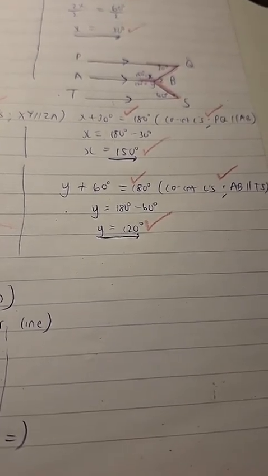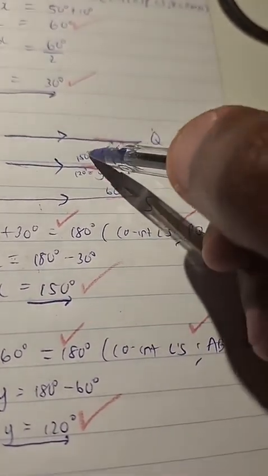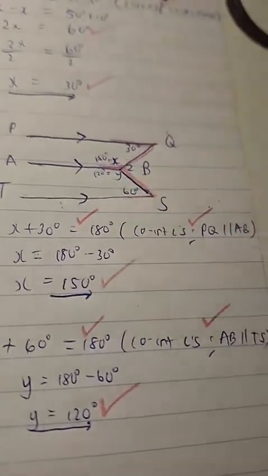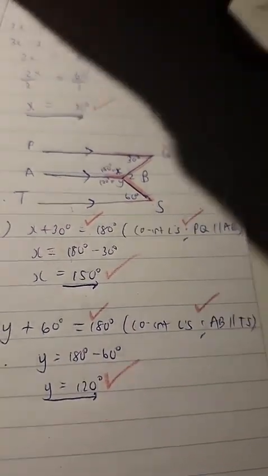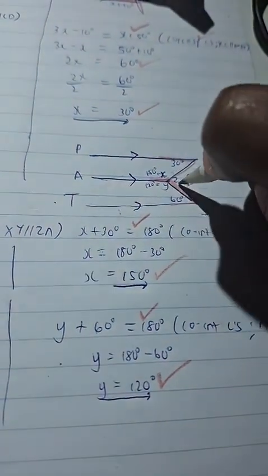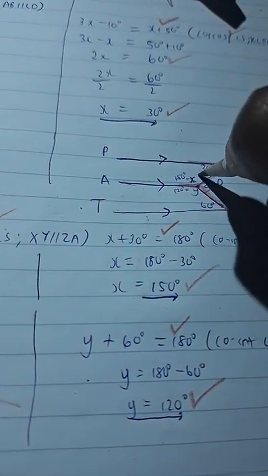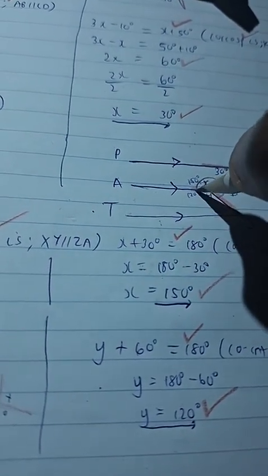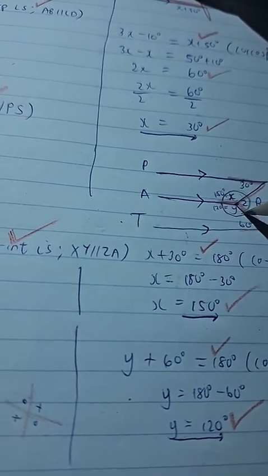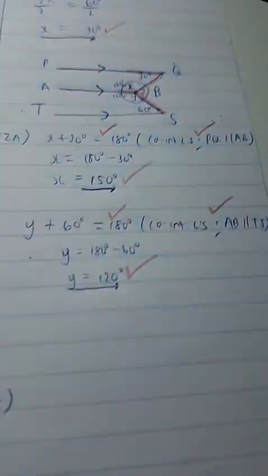So confidence, what you do see here is that X with Y with Z, all three of these angles, do something very important, and that is they form angles around a what? Around a point. So that's Z from here to there, then X from here all the way to there, then Y from there to here. What you see is a revolution, or in other words, angles around a point. Now, what do we know about angles around a point?